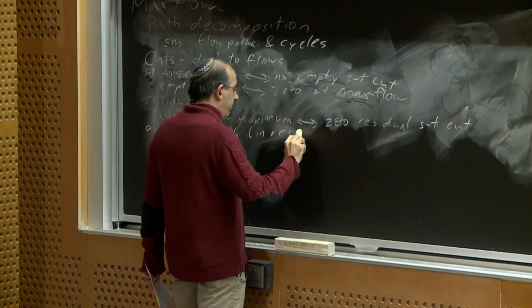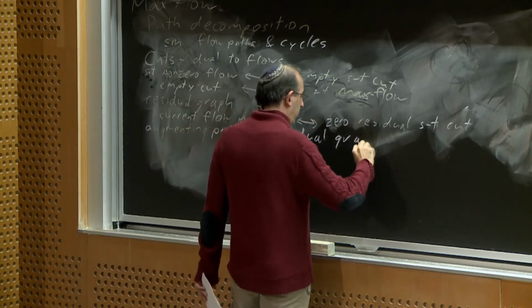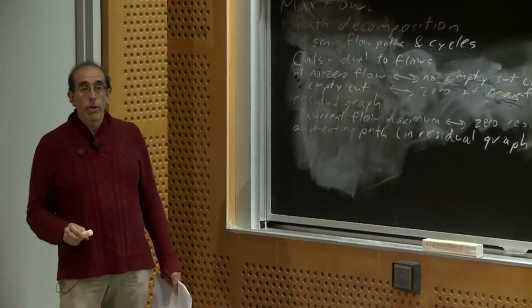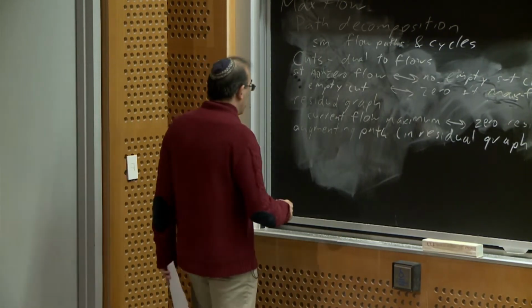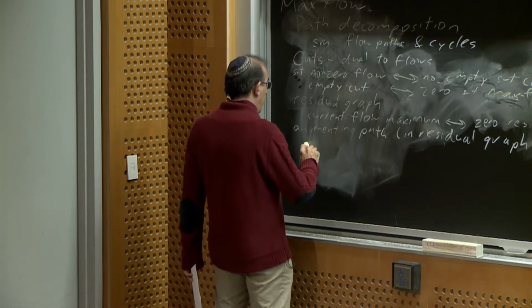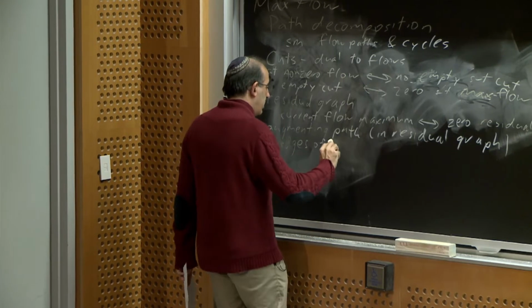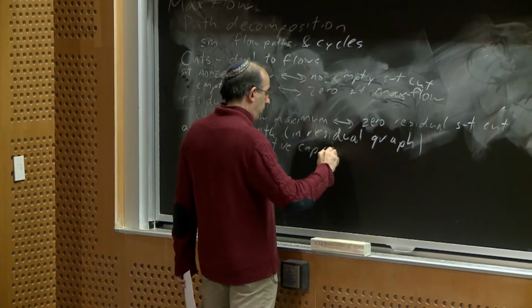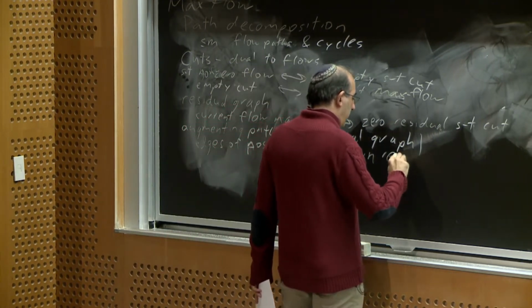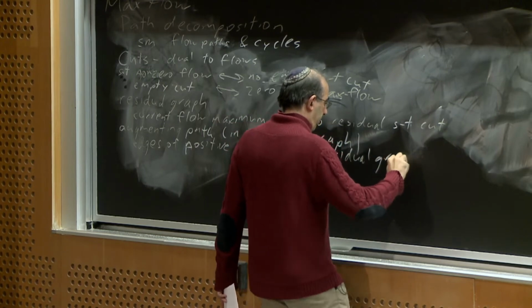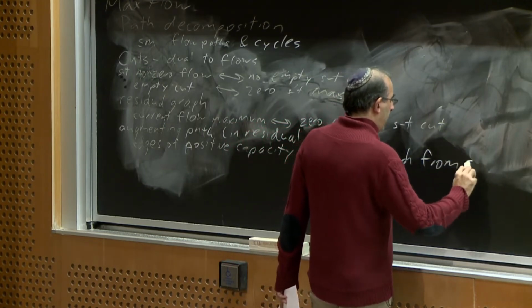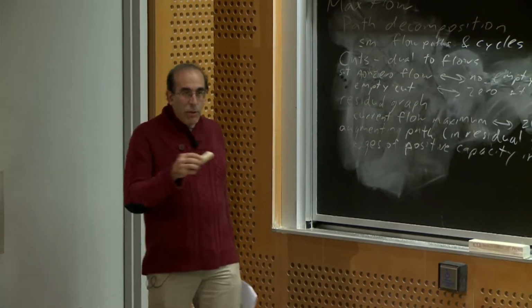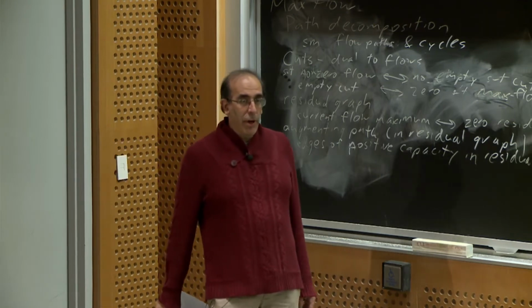And finally, if your flow is not maximum, we introduced the notion of an augmenting path in the residual graph, which provides a way to improve on the flow that you currently have. This is a path of edges of positive capacity in the residual graph from S to T. If you can find one, then you can increase the amount of flow on all of the edges on that path.